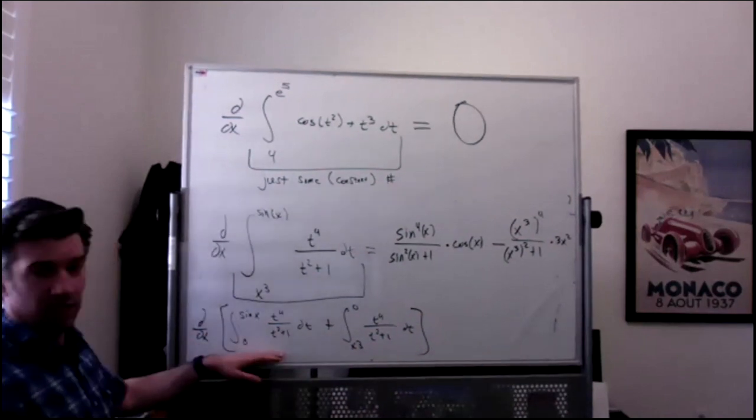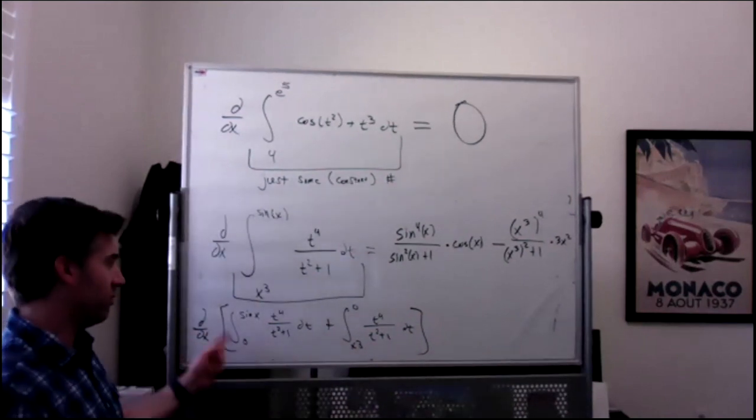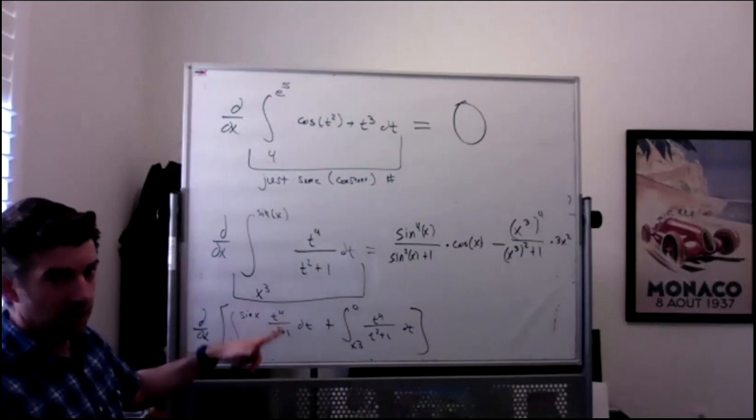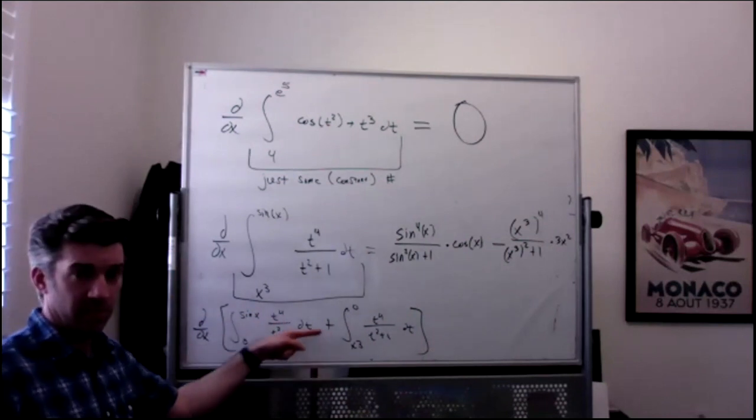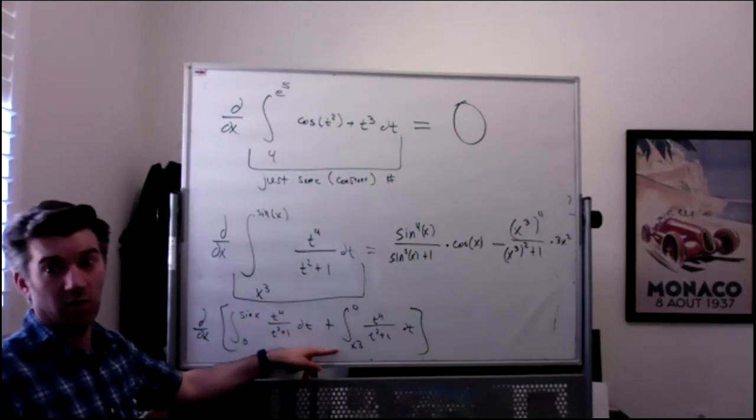So the derivative of this part would be normal: plug in sine, multiply by the derivative of sine. And the derivative of this part would be normal, except it would be minus, because the variable's in the lower limit.